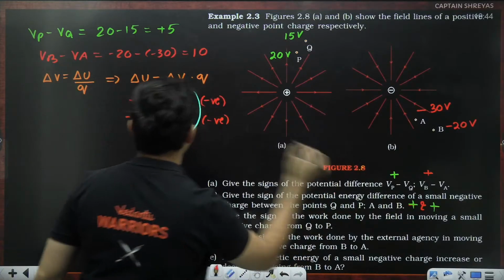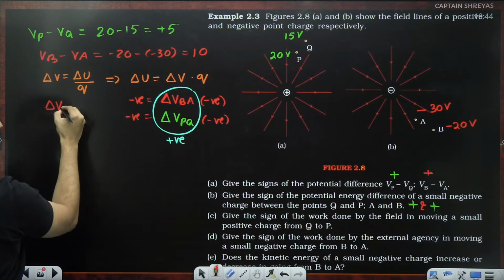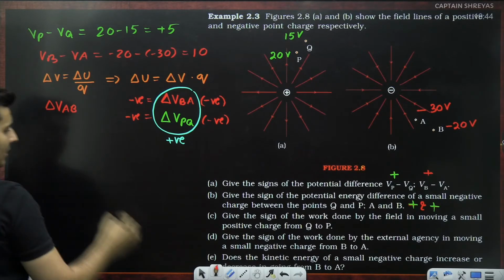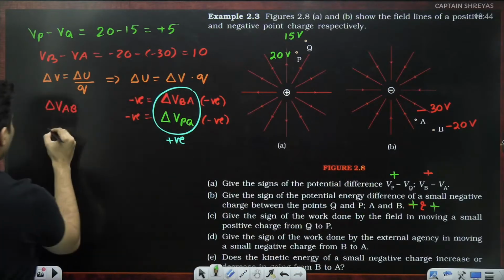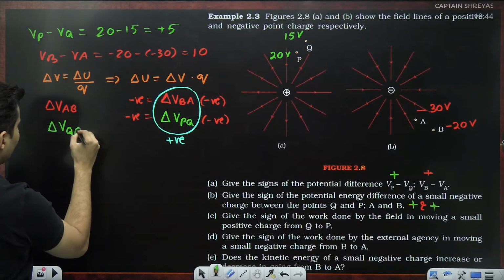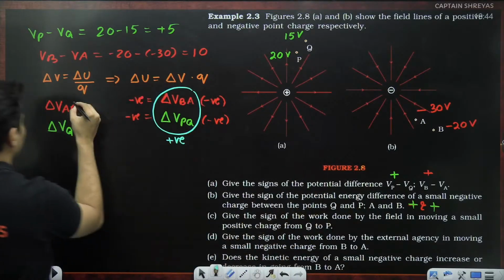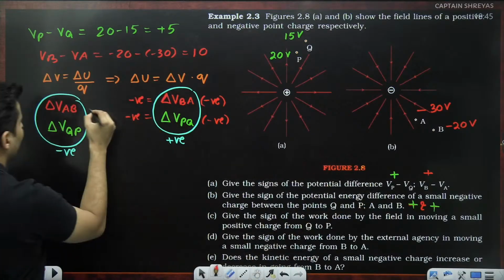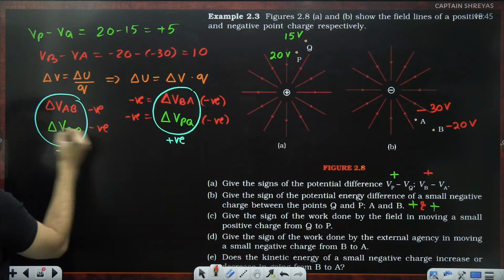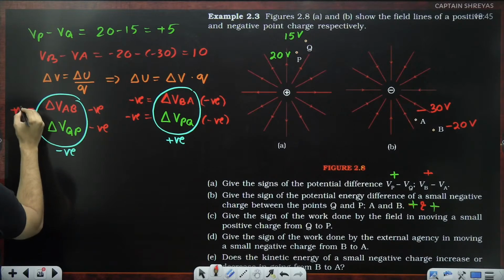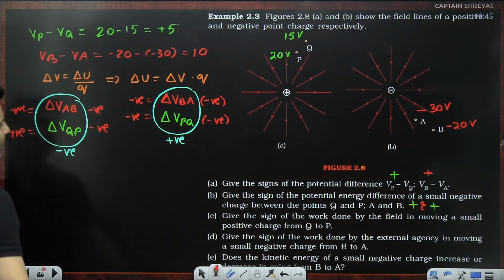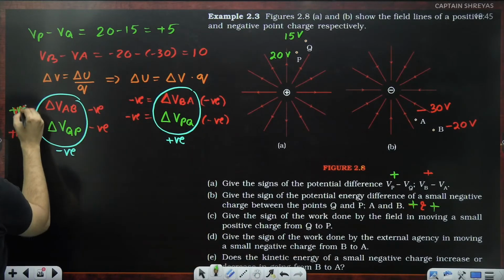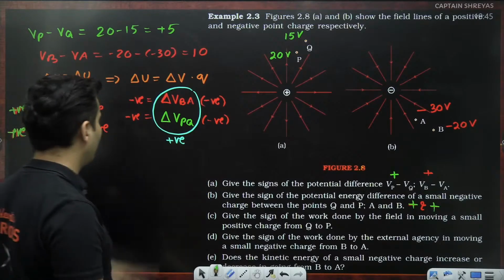If I do delta V AB and delta V QP, both these answers will definitely be negative. And if you multiply it with a negative charge, negative into negative is positive.